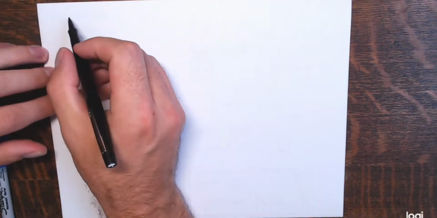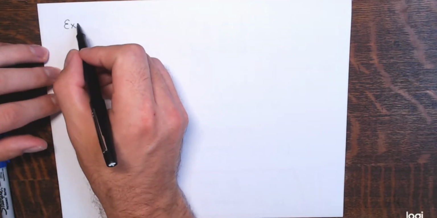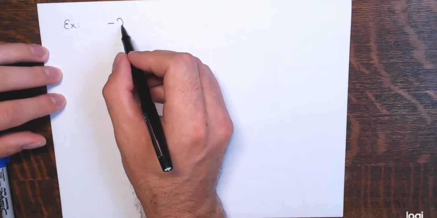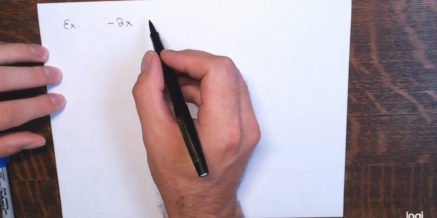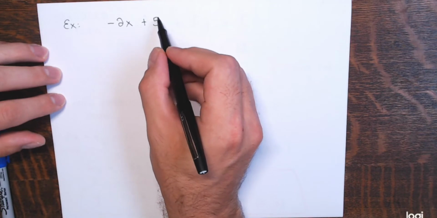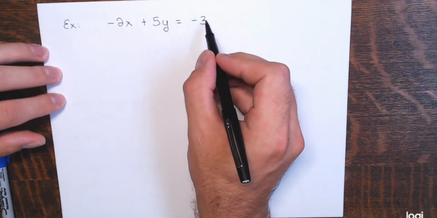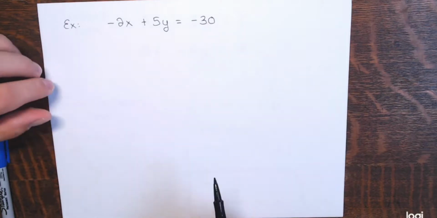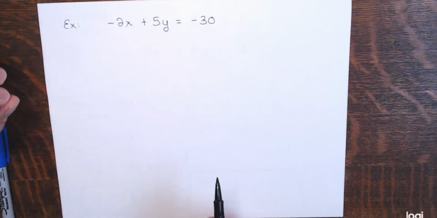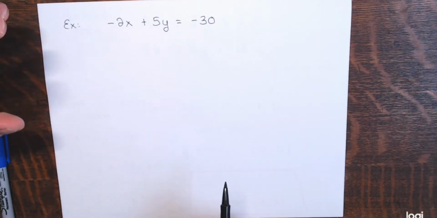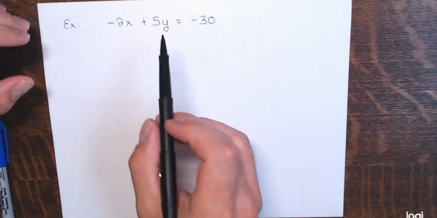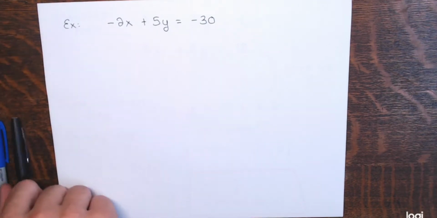So the equation we're given here is negative 2x plus 5y equals negative 30. And once again, if I want to put it in that y equals mx plus b form, slope-intercept form, I would like to solve for y.